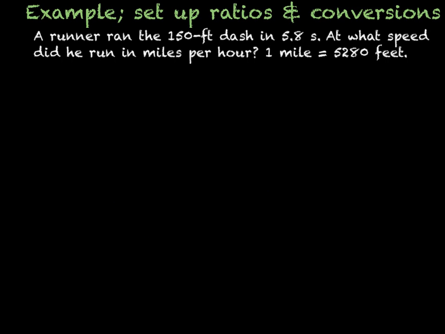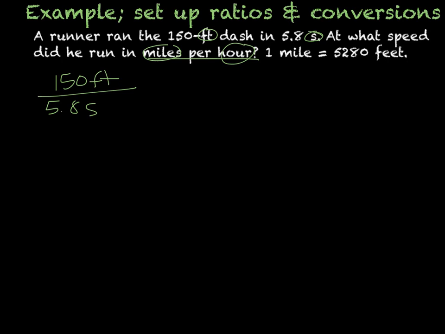In this next example, we're going to set up ratios and conversions. A runner ran a 150-foot dash in 5.8 seconds. So we're going to start with that. 150 feet in 5.8 seconds. And at what speed did he run in miles per hour? So we have to convert feet to miles and seconds to hours.